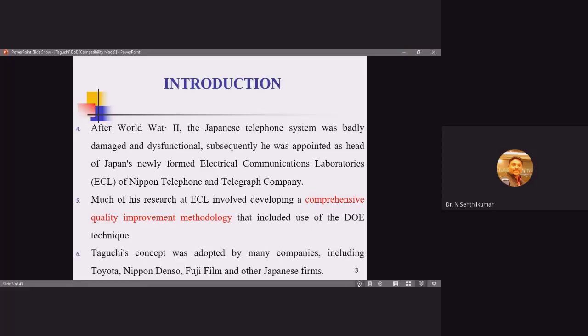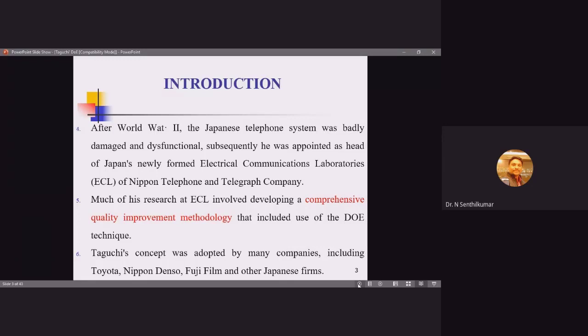Taguchi's concept of optimization with DOE was accepted by most manufacturing industries, and they adopted it. Even now you can see IFB washing machines, or you can go to TVS. They use licensed versions of these softwares, Taguchi's DOE softwares.